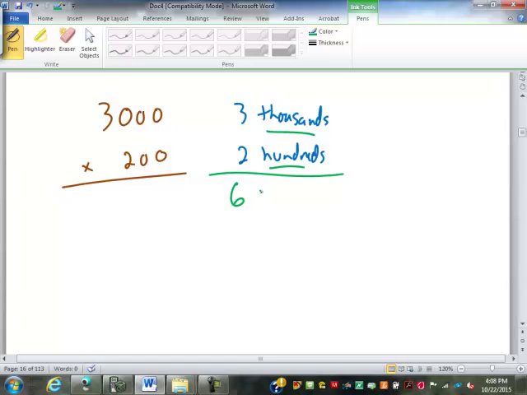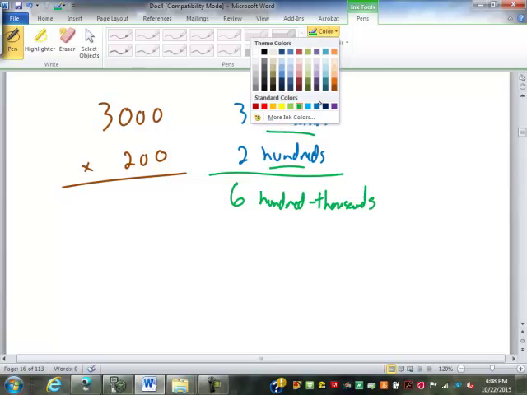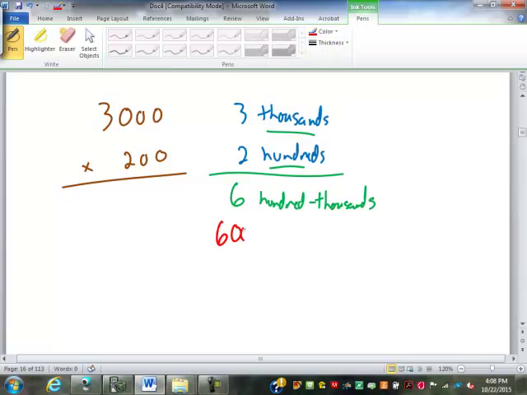Thousands times hundreds is 100,000s. What was our shortcut that we did? Well, my shortcut is just take 2 times 3 is 6, count the number of zeros and add it behind 6. Cool, that's exactly what we did for a shortcut too. 3 times 2 is 6, and we counted 1, 2, 3, 4, 5 zeros in the problem. 1, 2, 3, 4, 5 zeros in our answer.